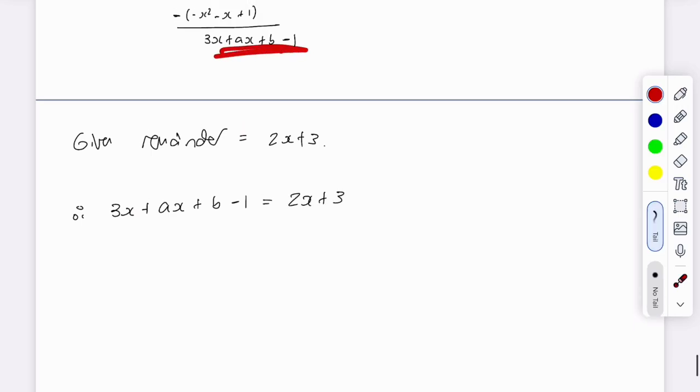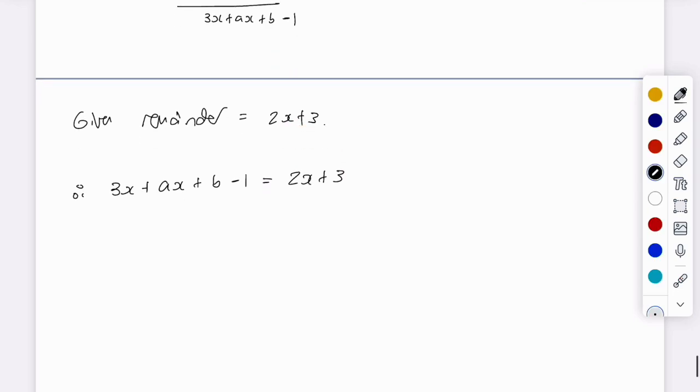Because remember, this is the remainder as well. And if this is the remainder, we're going to set them equal. And if we factorize this now, what we get is 3 plus a, x, plus b minus 1 is equal to 2x plus 3.